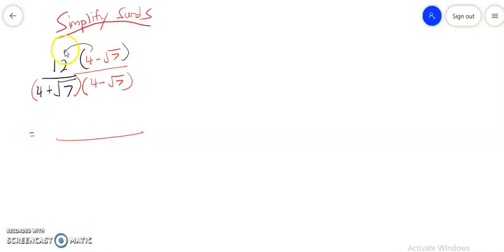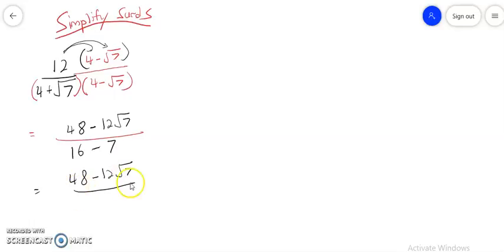So 12 multiplied with 4, we get 48, and 12 multiplied with negative square root 7, you'll be getting minus 12 square root 7. Then below you have 16 minus 7, which is 9. So we have the answer 48 minus 12 square root of 7 over 9.